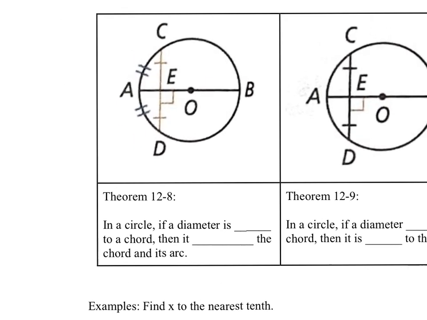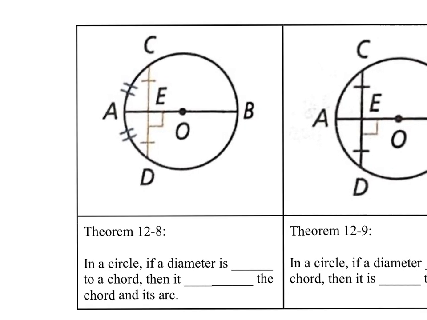We're going to start here with Theorem 12.8. Theorem 12.8 says, in a circle, if a diameter is perpendicular to a chord, then it bisects the chord and its arc, okay?